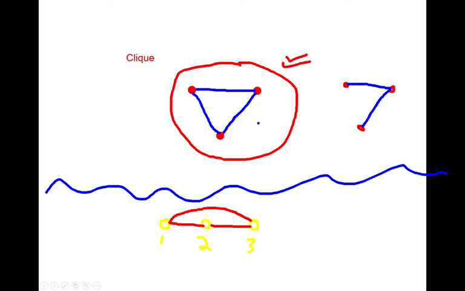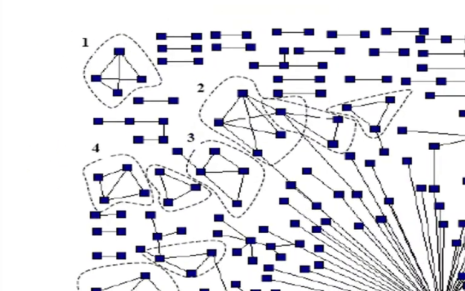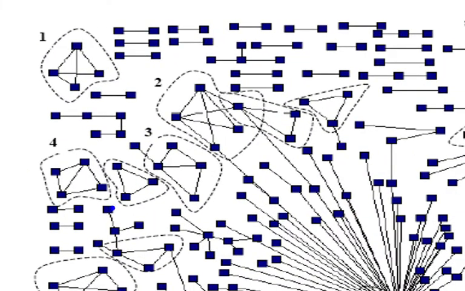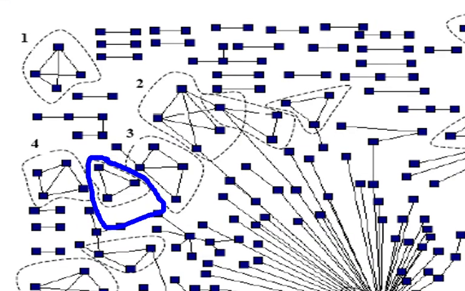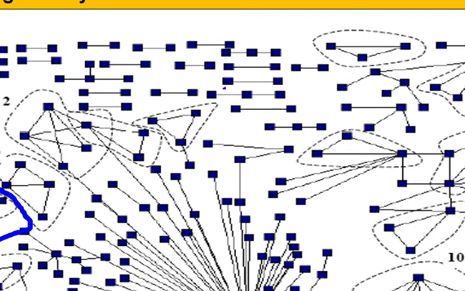So a clique is a graph or a subgraph, it can be a subgraph in a complete graph as well, where every node or every vertex is connected to every other vertex. For example, obviously this triangle is a clique, right. Even these two nodes, although they are not marked as a cluster, maybe the algorithm has identified them as noise, but these two nodes can also be regarded as a clique, right.